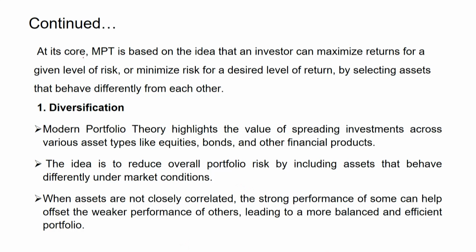So at its core, the MPT theory is based on the idea that the investor can maximize the return for a given level of risk, or they can minimize the risk for a desired level of return with the help of preparing a modern portfolio.